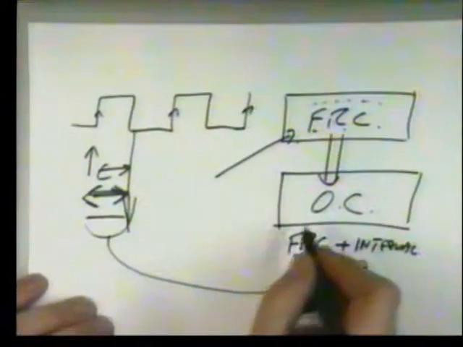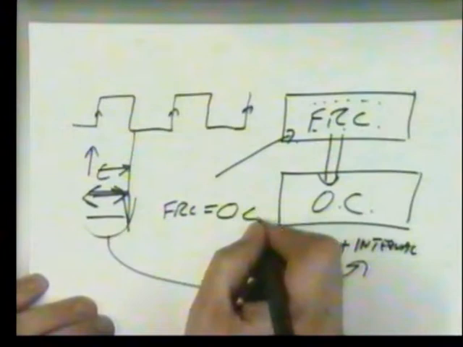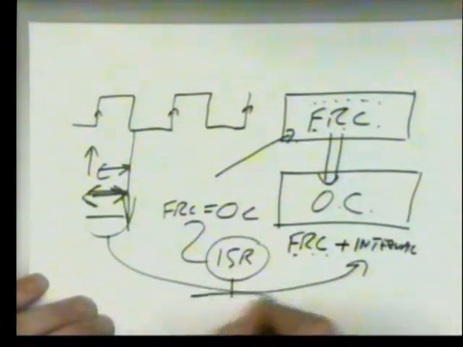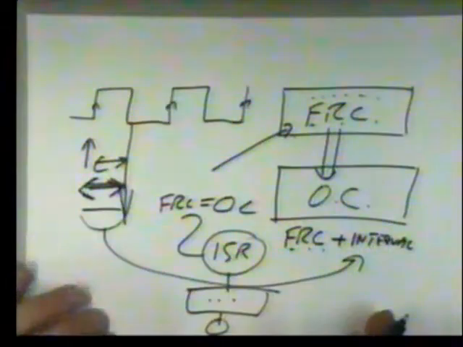And so when these two equal, when the FRC equals the output capture, we issue a request for an interrupt service routine, and that routine is the one that we will use to toggle our signal low. So that's how we can do output frequencies. So I've given you three different methods of measuring input frequency, three different methods of measuring the output frequency, and you can use whichever one is the most appropriate for your task.